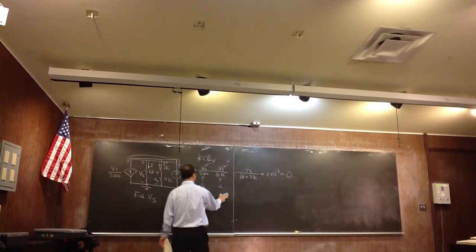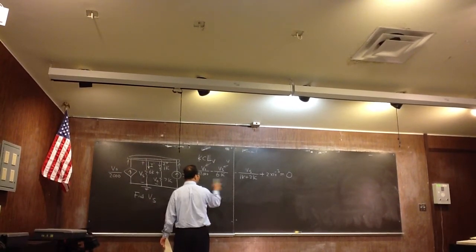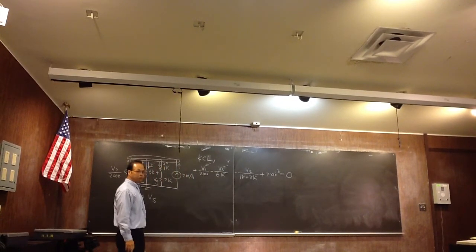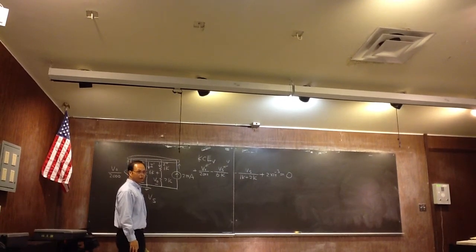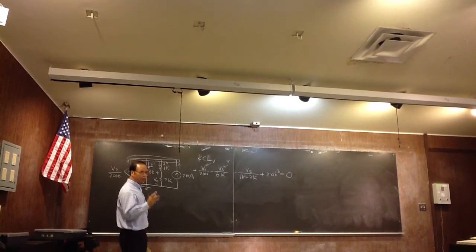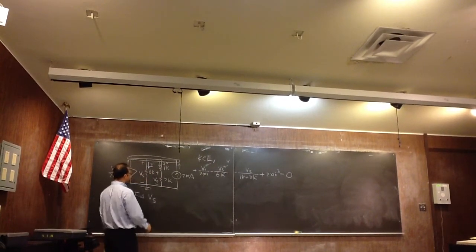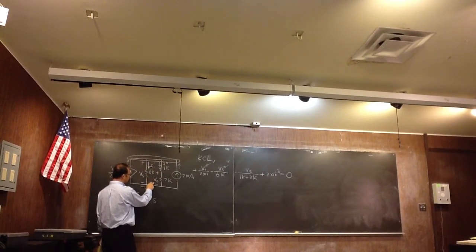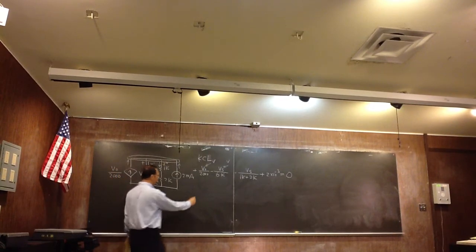Unfortunately, now you have an equation with two unknowns. And from your mathematics, you should know that you cannot solve this type of equation. So therefore, you have to try to reduce the number of unknowns to one unknown. This V sub O is related to V sub S. Why?